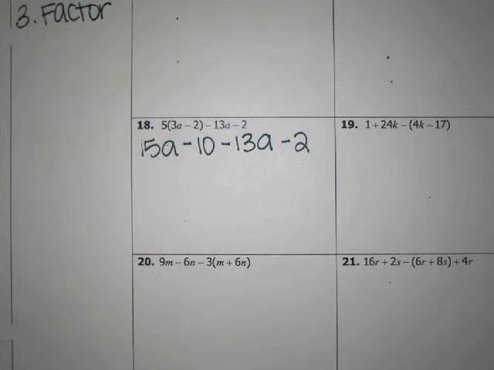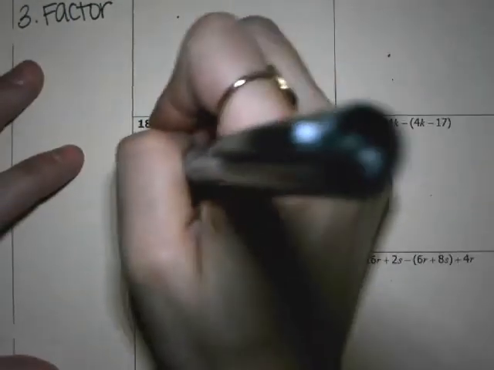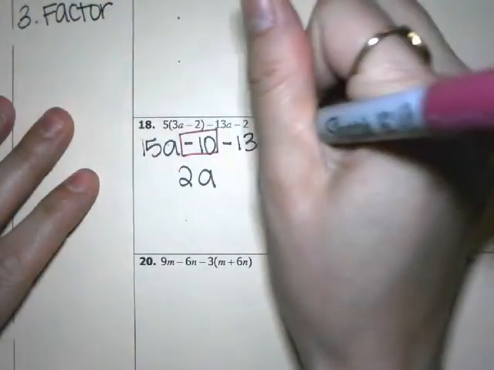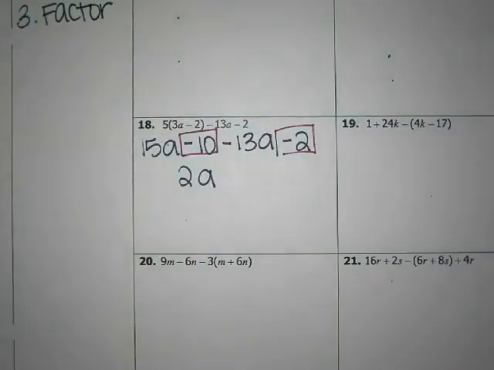And then number 17, you are going to give me the answer to the combining like terms. 2a plus 8. Not 2a plus 8. It is 2a. But then I have a negative 10 and a negative 2.